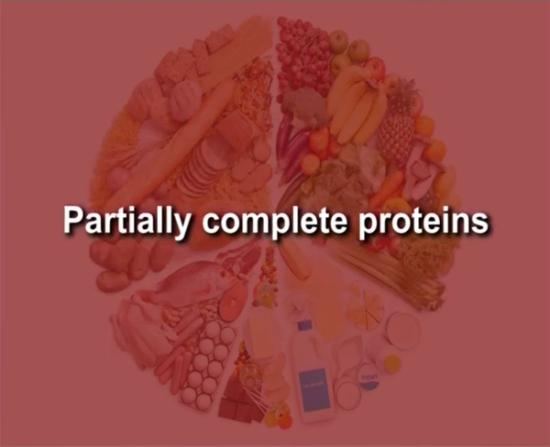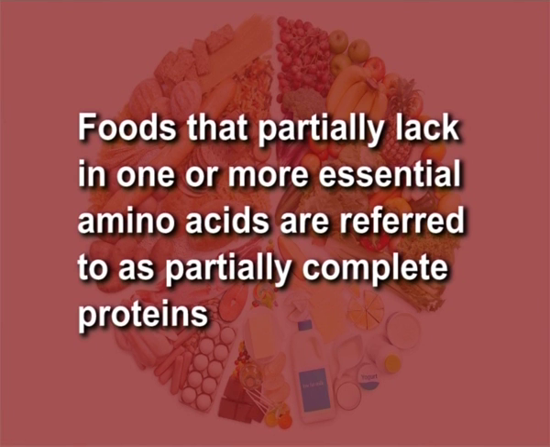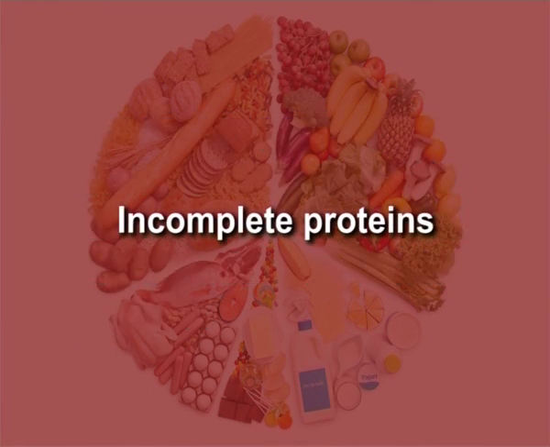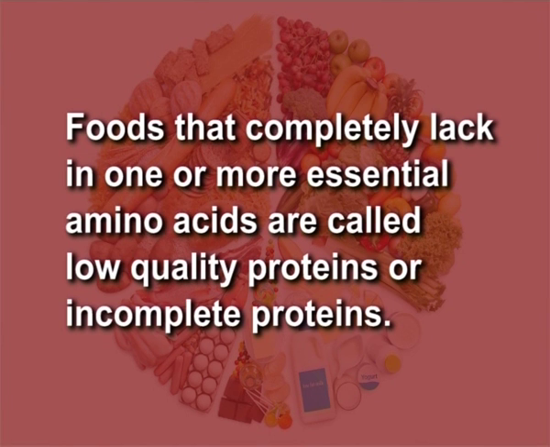Partially complete proteins: foods that partially lack one or more essential amino acids are referred to as partially complete proteins. Incomplete proteins: foods that completely lack one or more essential amino acids are called low quality proteins or incomplete proteins.